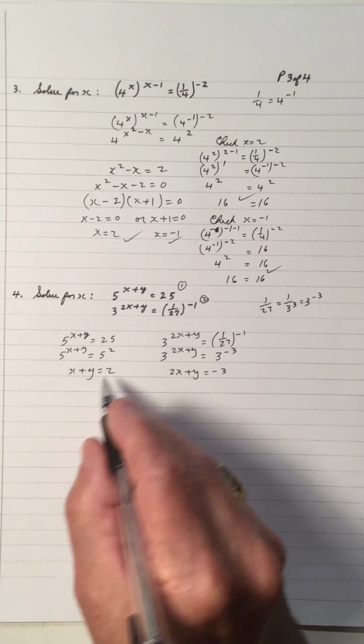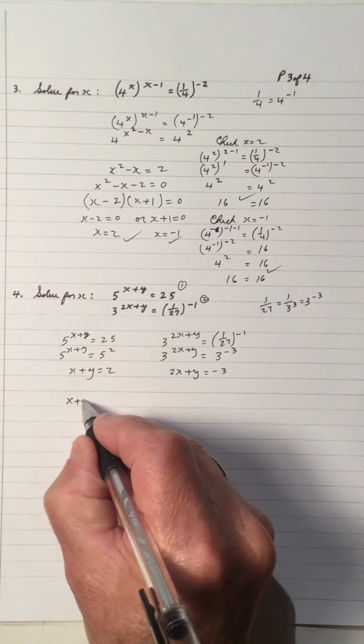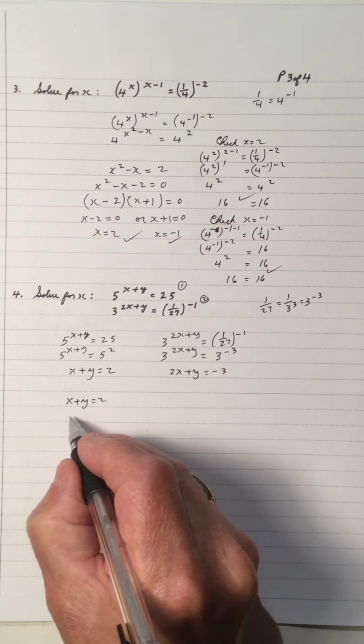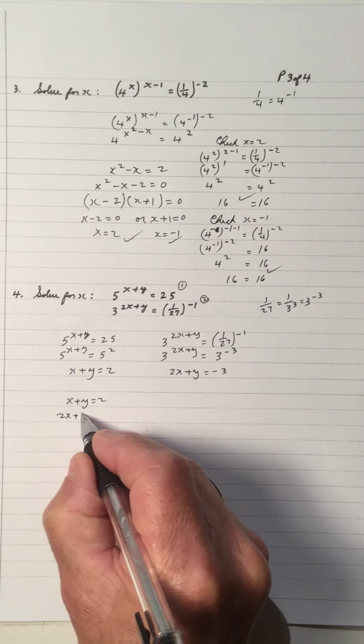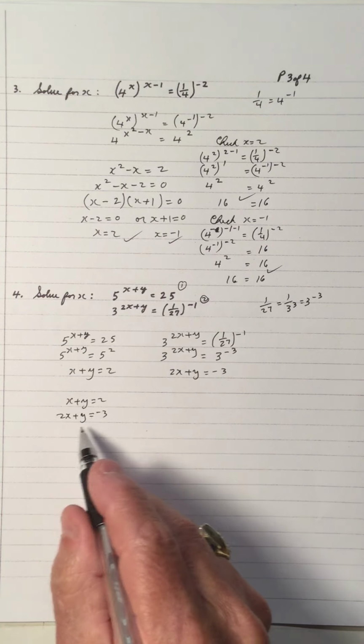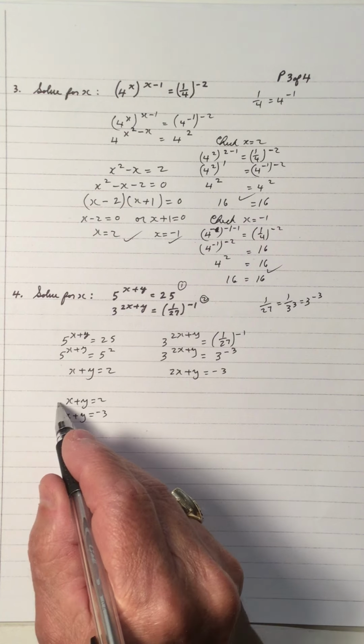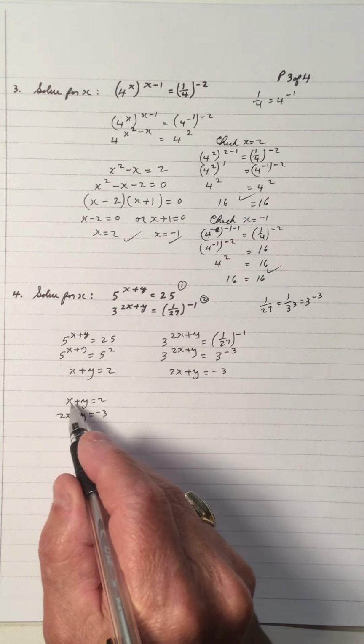So if we take this equation, we have two variables, so I'll write them down below each other. Now I want to eliminate, so if I multiply by negative 1, I'll eliminate the y's. If I multiply this by negative 2, I'll eliminate the x's.